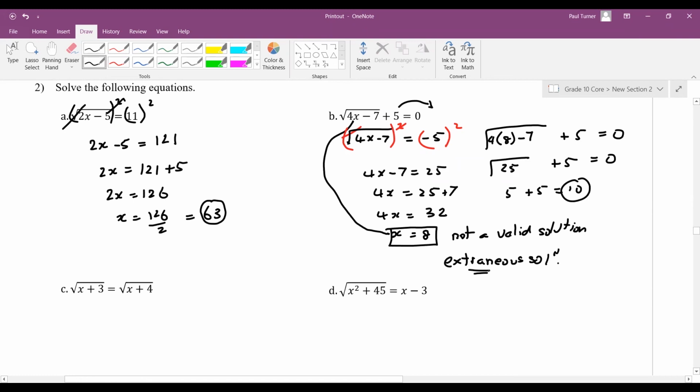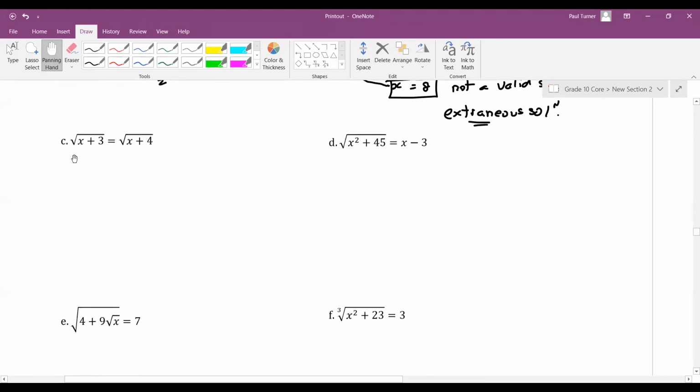So it's just an extra solution that doesn't mean anything. And that means that then there's actually no solution to this equation. If the only one we get doesn't work, this has no valid solution for that one. So that's why I recommend going back and checking you actually get the correct answer when you do that.